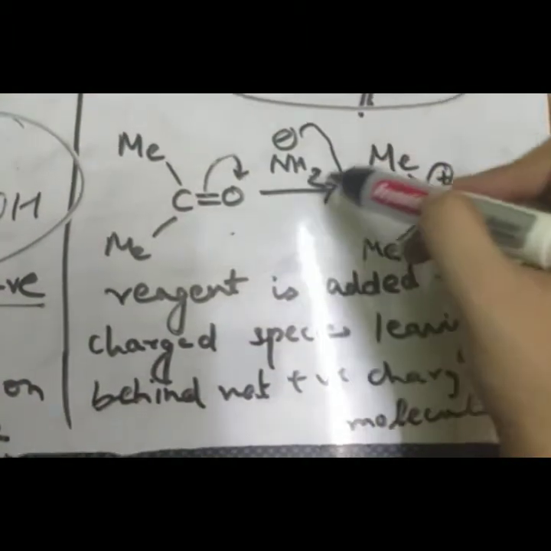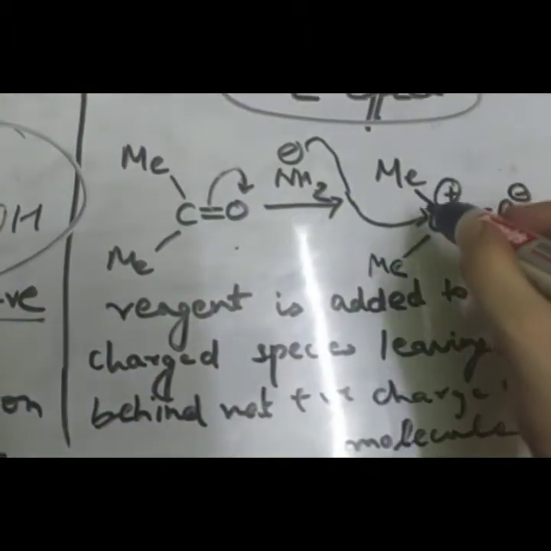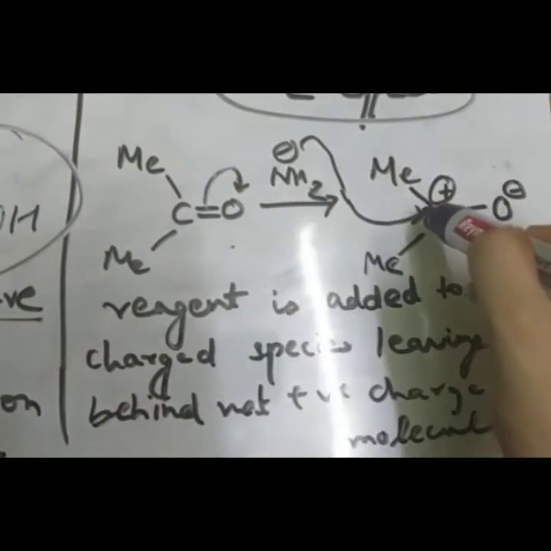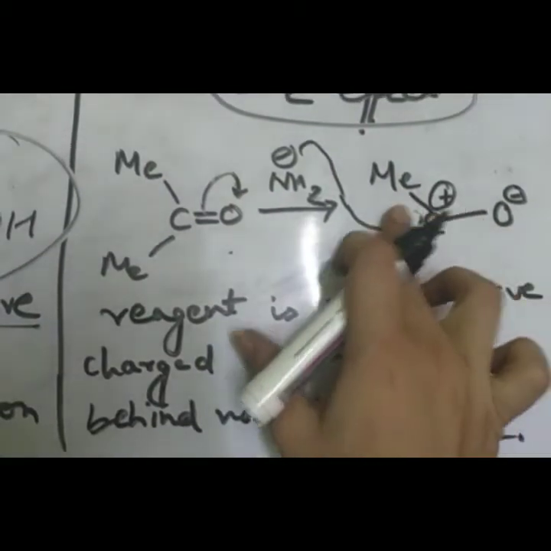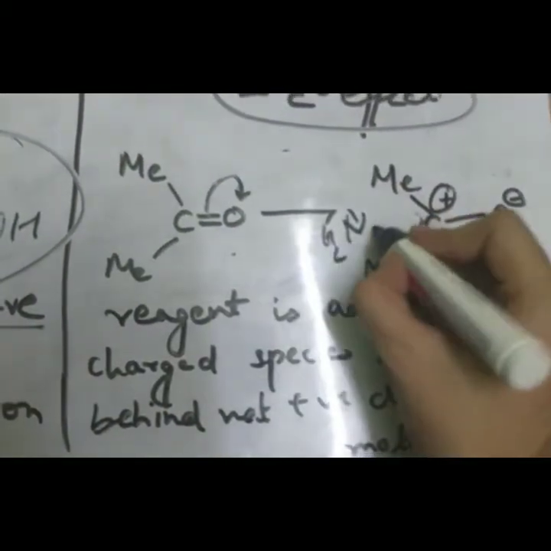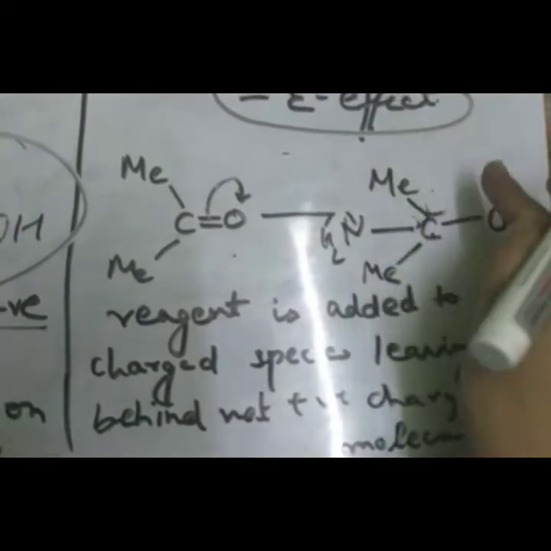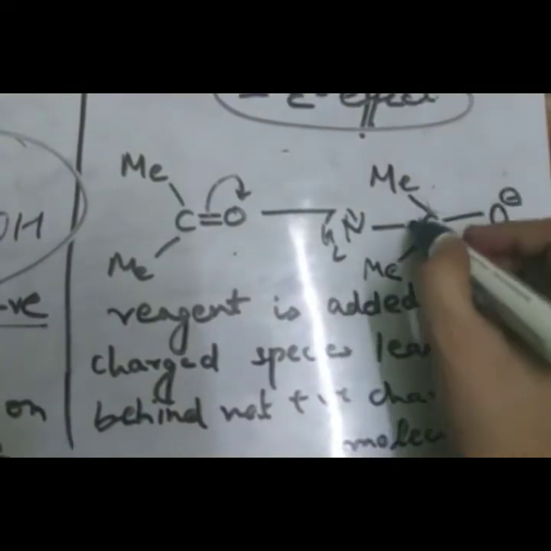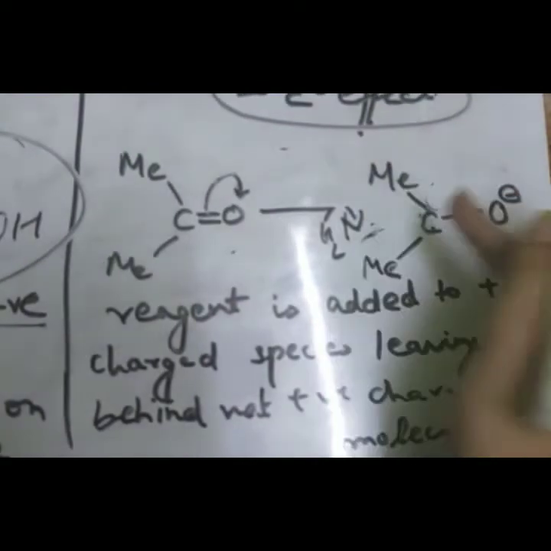NH2 minus, being nucleophilic in nature, attacks the carbon plus, which is electrophilic in nature, and gets attached, and the positive charge disappears.